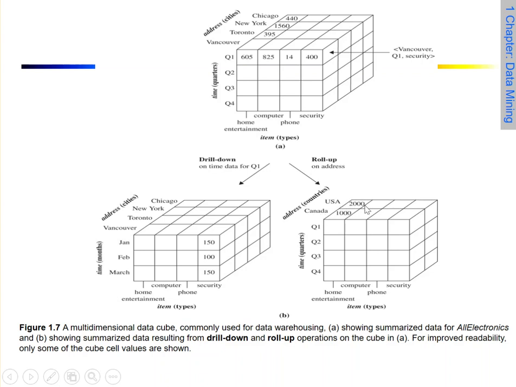Then we have aggregate numbers here. It tells us the pattern more clearly. US sale is more than Canadian sale, right? We're going to talk about, besides drill down and roll up, other OLAP data cube operations that we're going to look at in detail in chapter 4.